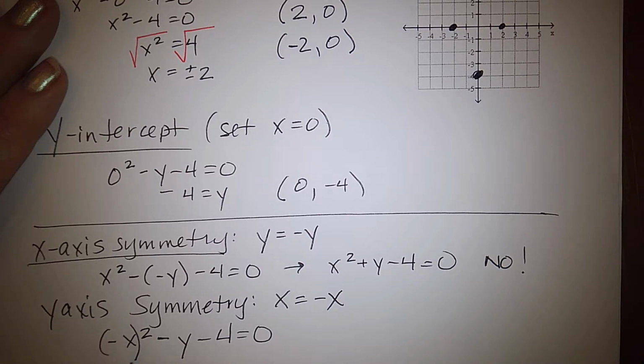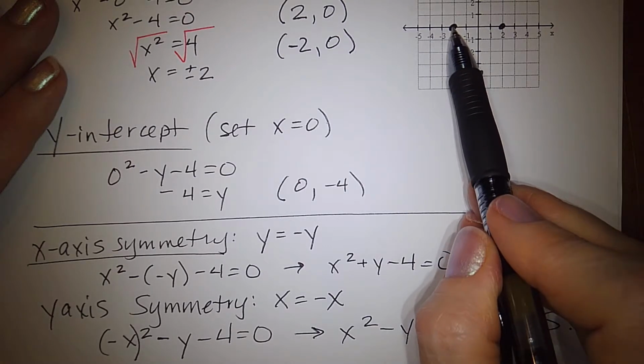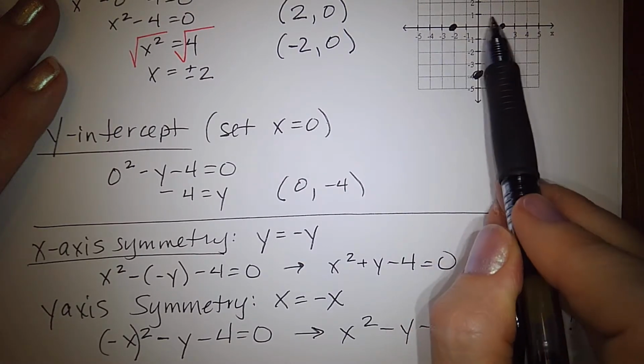And when we drop the parentheses, negative x squared actually becomes positive. And when that negative vanishes, you'll see that this is equal to what we started with in the beginning. So yes, we will have y-axis symmetry, which seems likely since this point and this point are both symmetric over the y-axis.